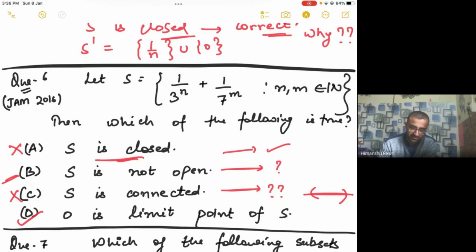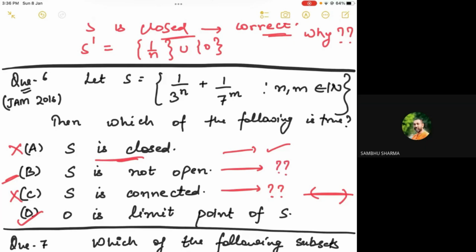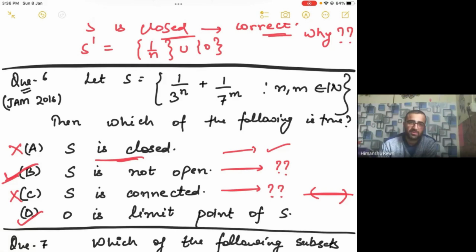S is a countable set. So S is not open. Correct. So B, S is not open, is true. So in question number 6, the correct options are option B and D.